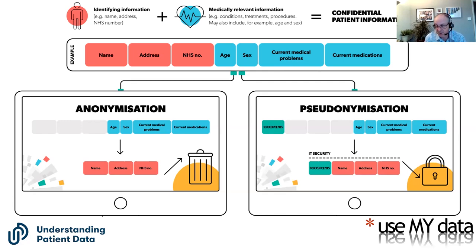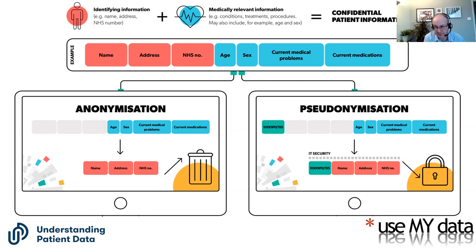It's not an NHS number, it's just a ciphered number, a made-up number, a pseudonymization number, and it attaches that to the data that goes out to the researcher. And the people who are doing the pseudonymization, who hold the data in the first place, will retain that pseudonym against the name and address, the NHS number, and they keep that under lock and key. I'll explain why that can be useful in a couple of slides' time.